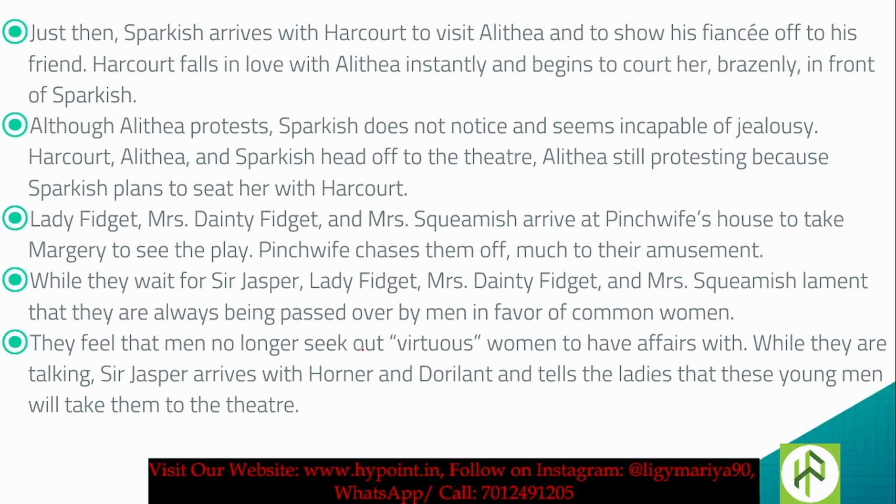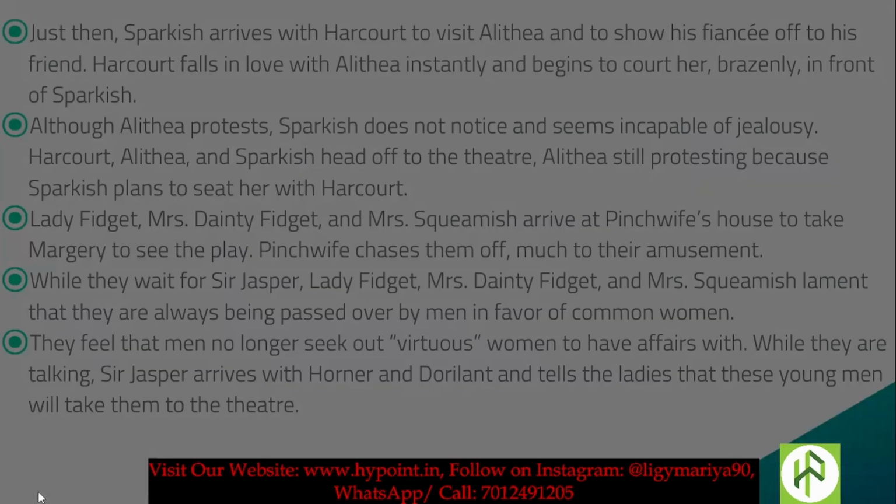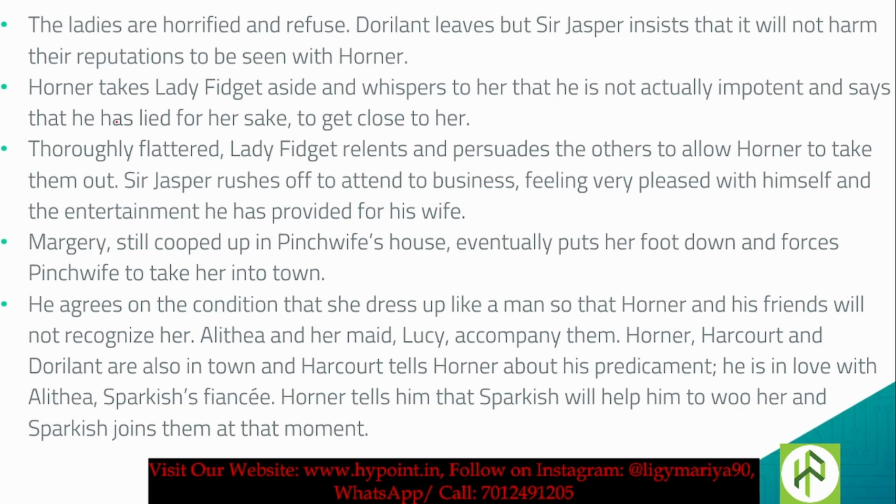While they are talking, Sir Jasper arrives with Horner and Dorilant and tells the ladies that these young men will take them to the theatre. The ladies are horrified and refuse.